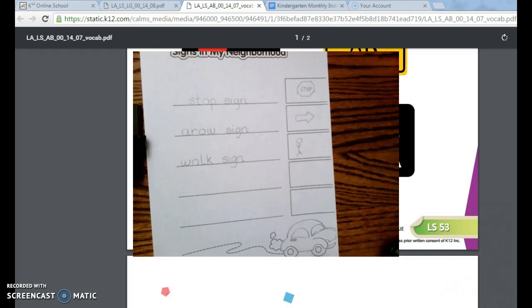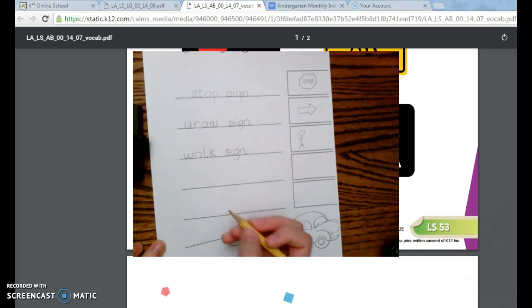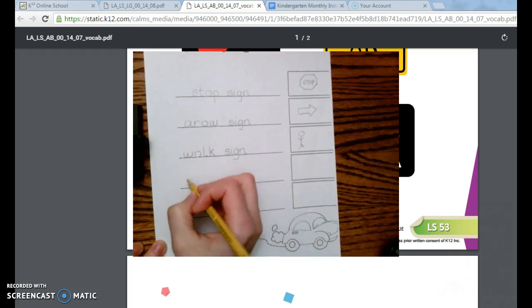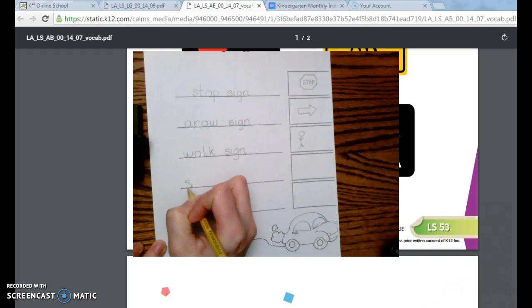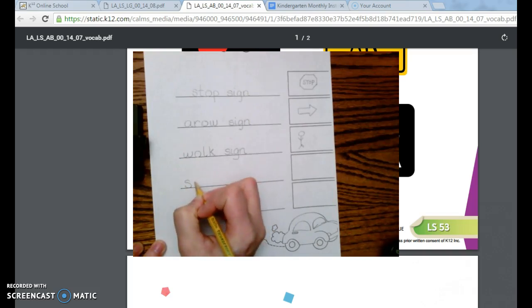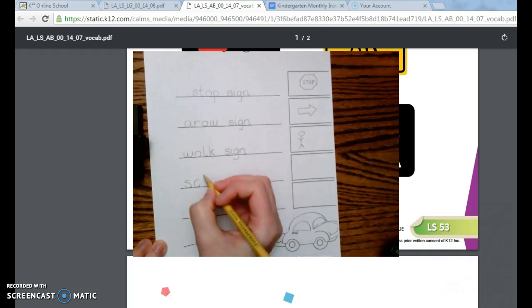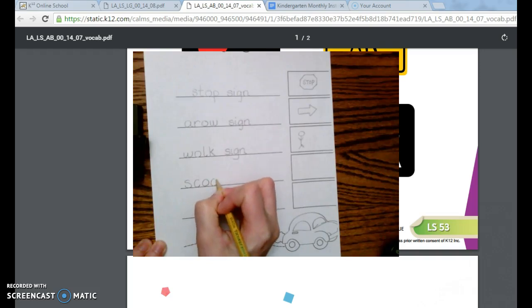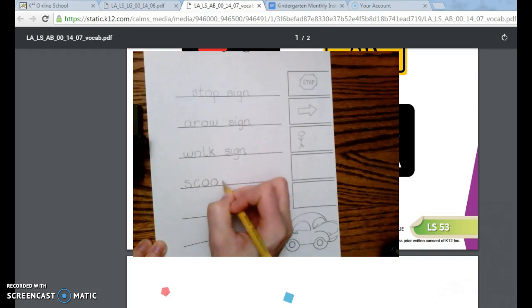All right, now I also liked the school zone sign. So let's sound out the word school. So I hear sk. So that could be a C sound or a K. Ooh, I think the O makes the ooh.